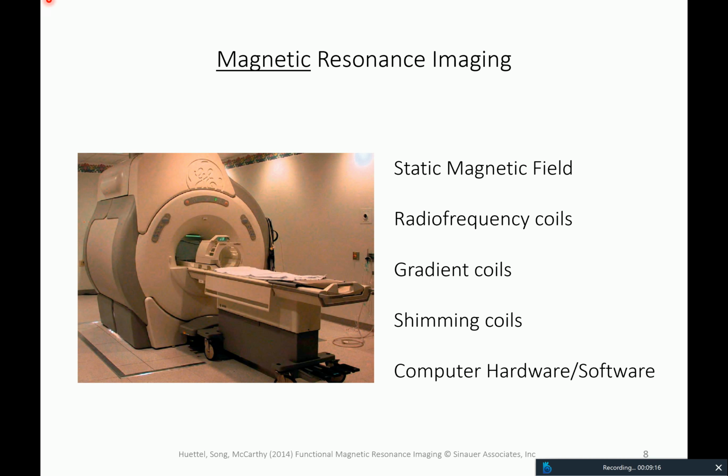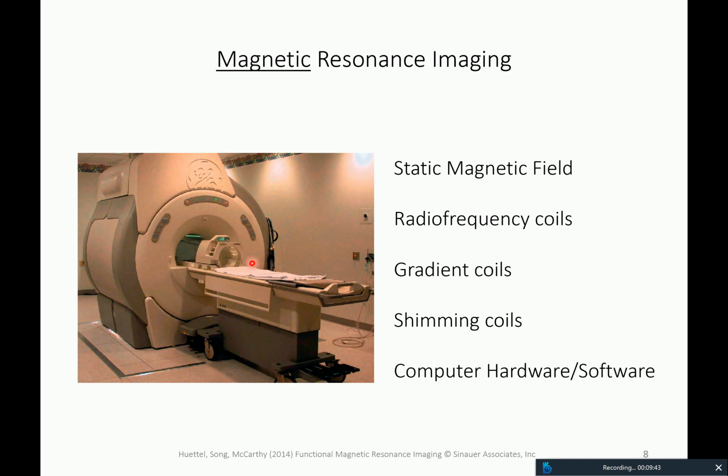They are based on very strong magnetic fields. So as you all know, this is an imaging process that doesn't involve any form of radiation, like computer tomography or X-rays, but involves strong magnetic fields, and hence the term magnetic in it.